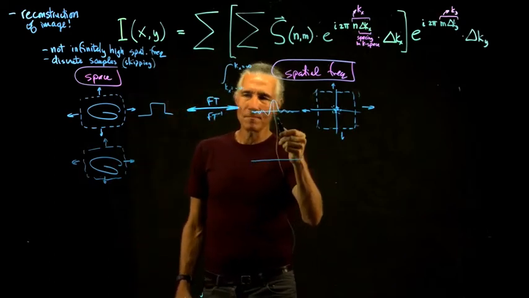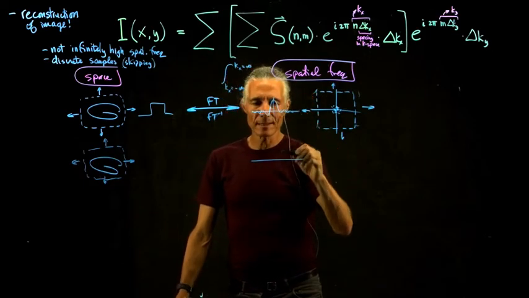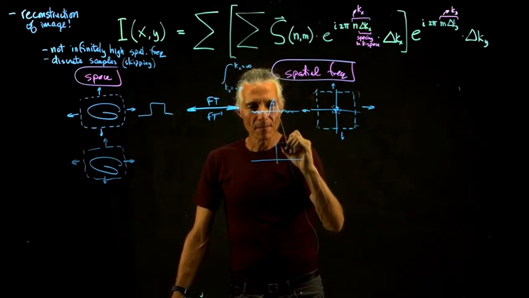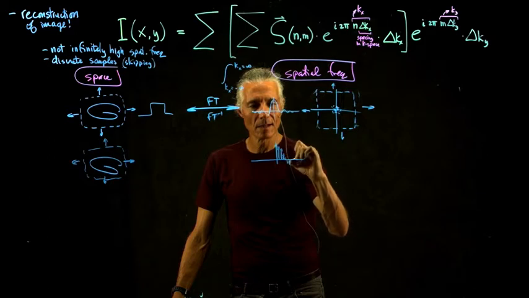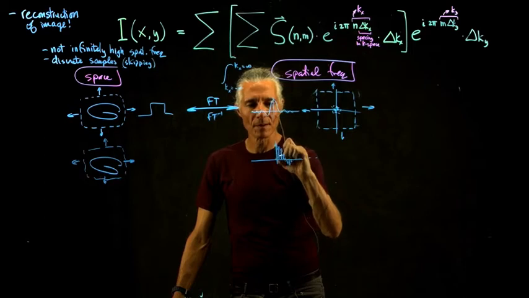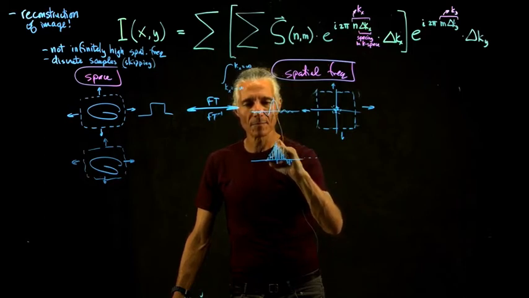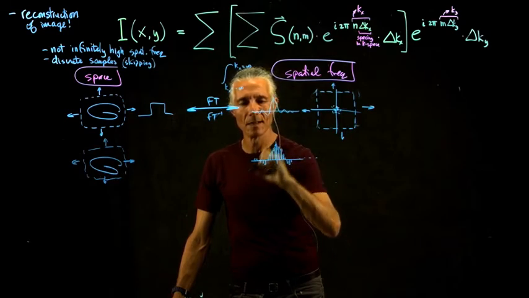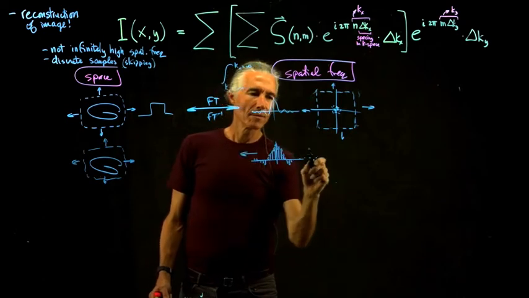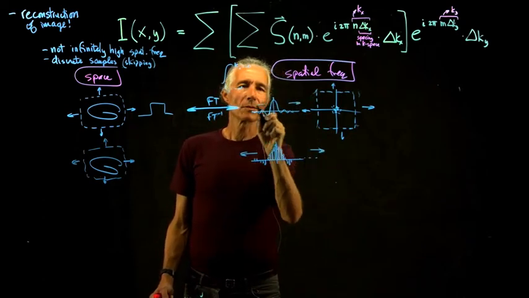It means our data is still going to be a sinc, but we're only going to sample the sinc like this. We'll still go off forever, but we'll just have discrete samples, so we skip some spatial frequencies. So this one goes off forever.